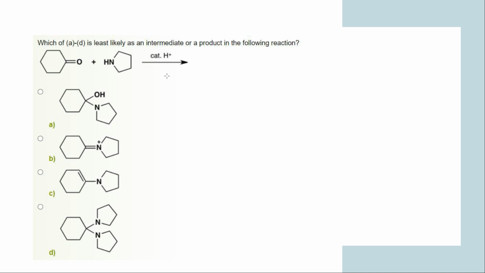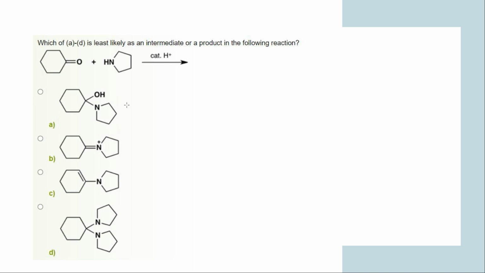So what happens? Let us go step by step. What will happen when we add this amine to this carbonyl compound? This electron rich nitrogen will undergo nucleophilic addition here. And since you have acid in the medium, you will get neutralization of this O minus as OH, and that will lead to the formation of option A product.